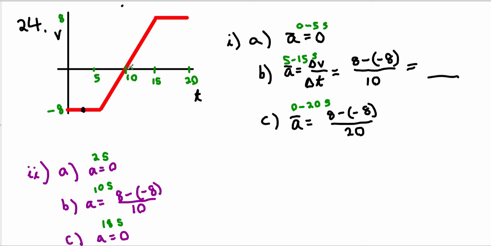And if you come over here at 10 seconds, now the slope, I can solve that, and it ends up being the same thing as b over here. My slope would be my rise, which is 16, over my run, which is 10, and that would give me my acceleration there. And then at 18 seconds right here, the slope is again 0.